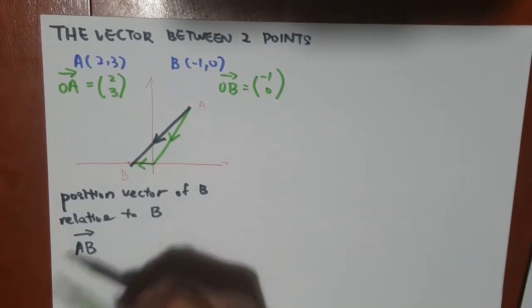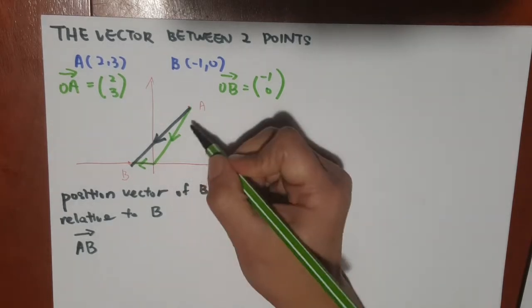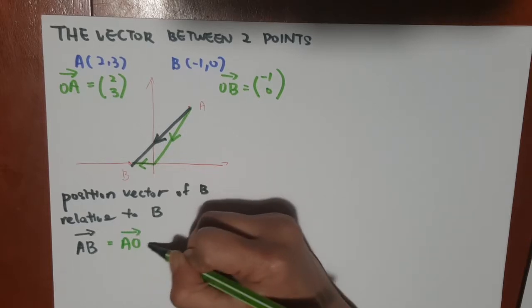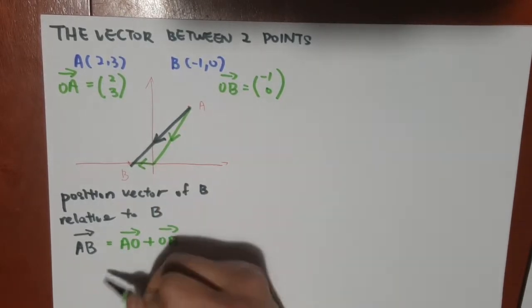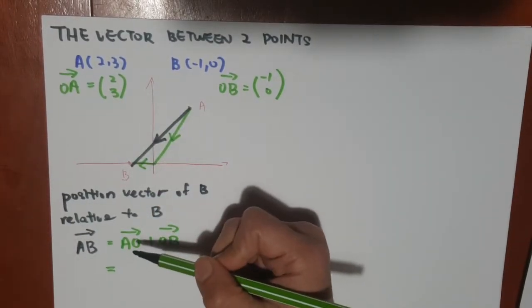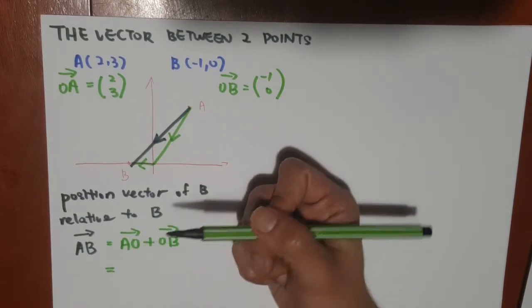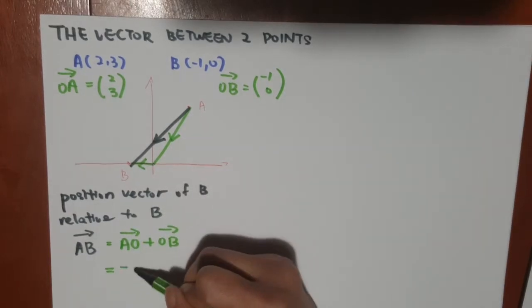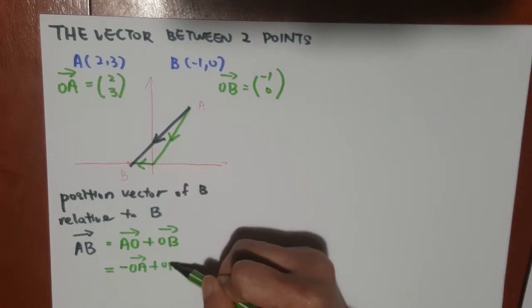So in order to go from A to B, we have to go from A to O and O to B. We will write it this way. Because OA is given but not AO, we learned in negative vectors that in order to flip this around, we add a negative in front. So it's -OA + OB.